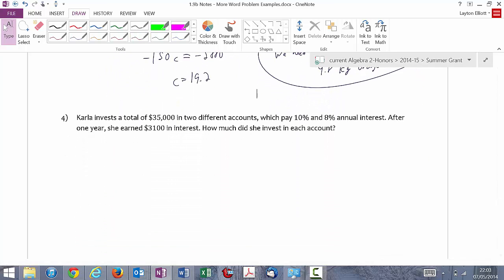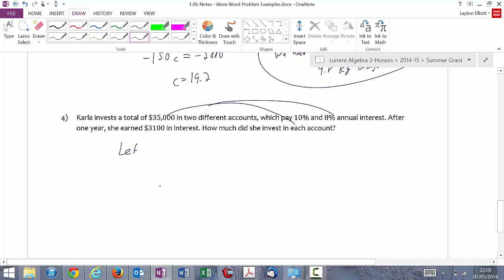Finally, we have another investment one. We're going to split this into two different accounts, and let's let X equal the amount invested at 10%, and then we have 35,000 minus X is the amount invested at 8%.